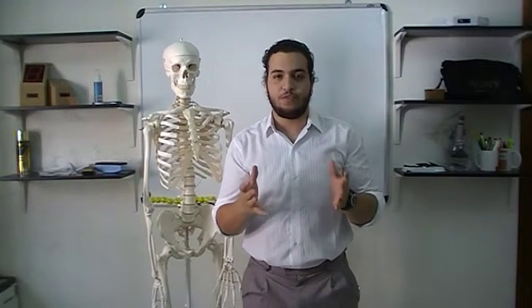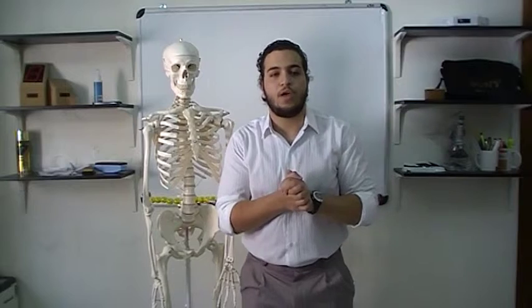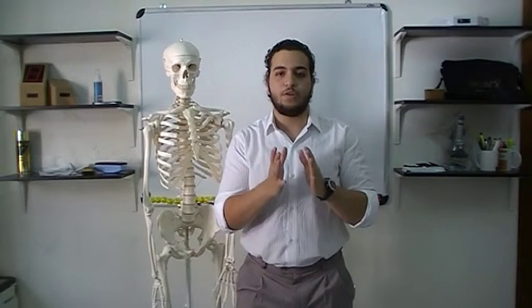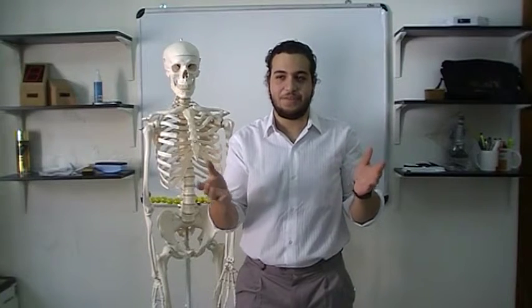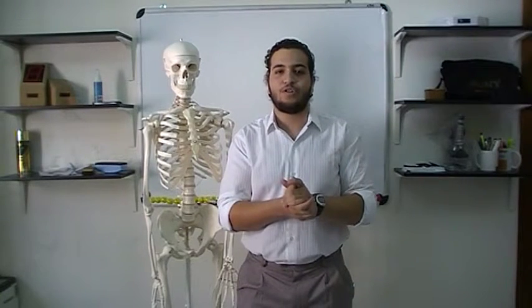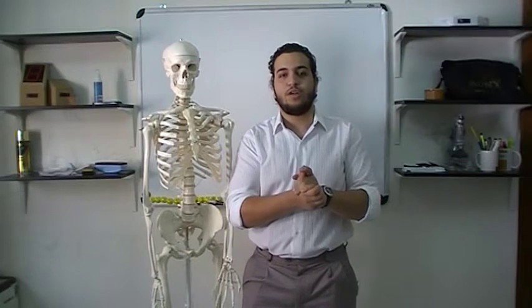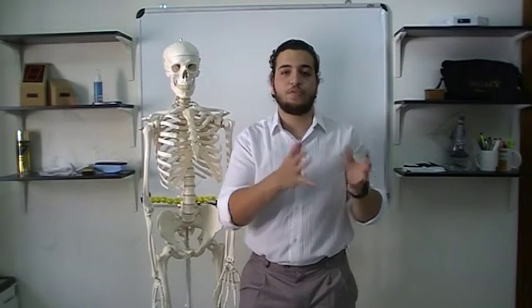Now we have superficial. Superficial means on the surface. It's well known. And we have the deep. Deep means inside the body. So superficial is on the surface, deep is inside the body. It's very simple. And we have something called contralateral. Contralateral means on the opposite side.